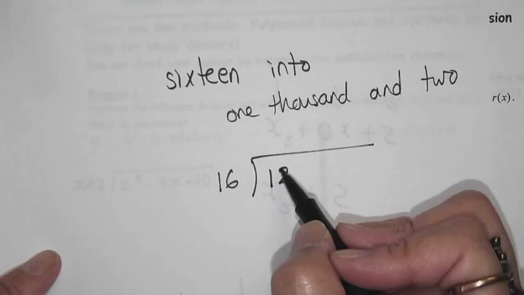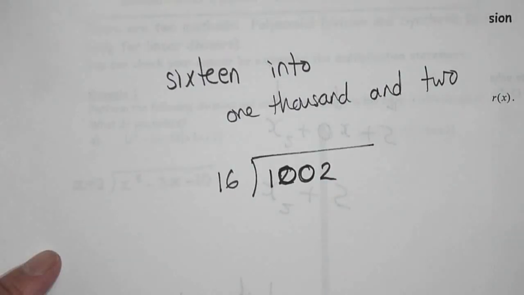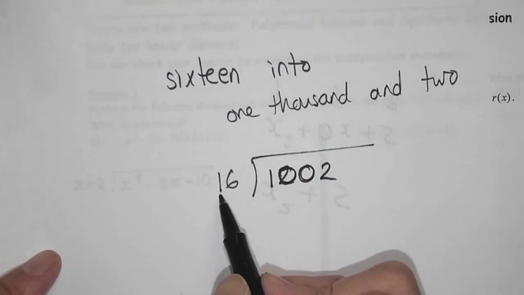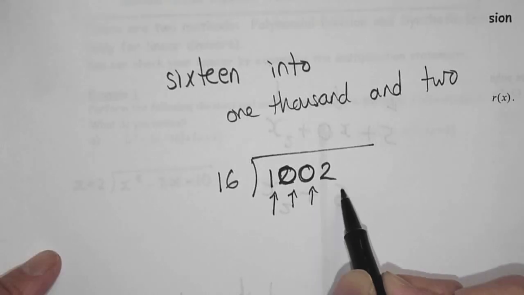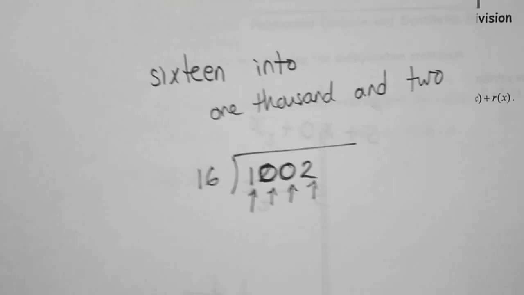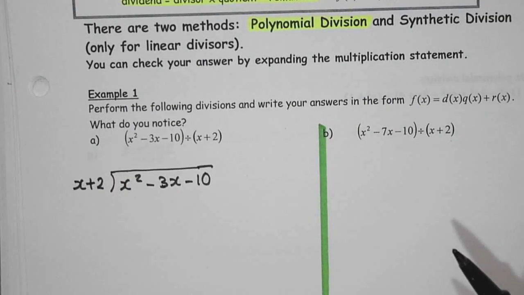What do you automatically always do? 0, 0, 2. Does that make sense? Okay. So when we divide in, we know that that's the thousands column, that's the hundreds, that's the 10, and that's the 1. When we're doing polynomial division, I need you to have them in order as well.